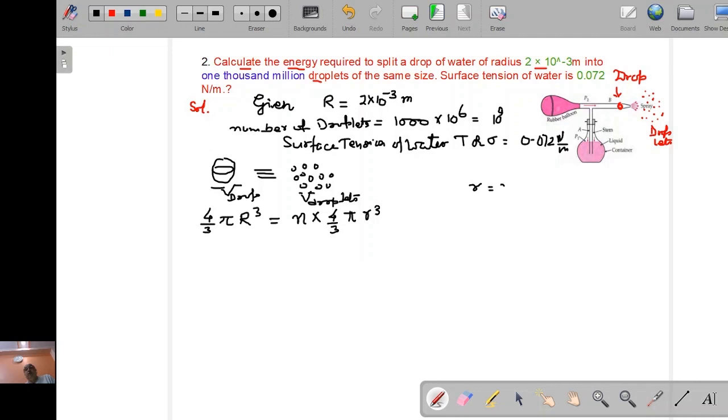Here r is the radius of a droplet. So 4 by 3 pi will cancel on each side, and we will have capital R cube is equal to n into small r cube.